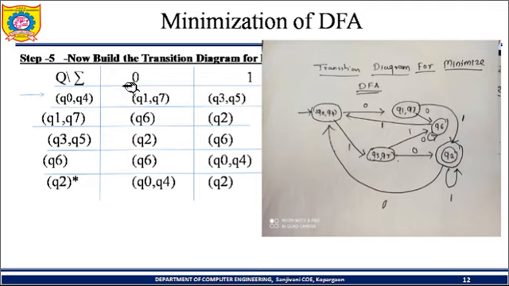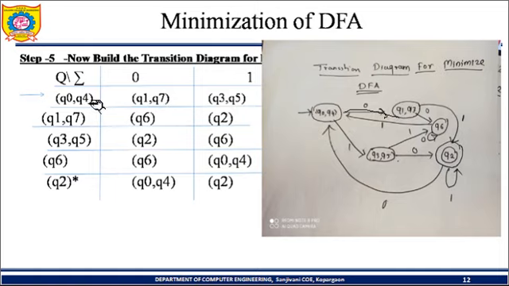So Q0 Q4 after reading 0, where will it be? Q0 Q4 on 0 goes to Q1 Q7, so here we have shown it as Q1 Q7.